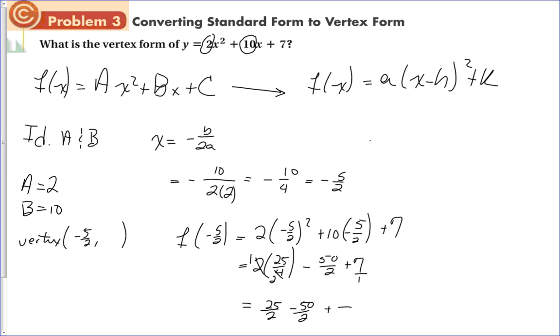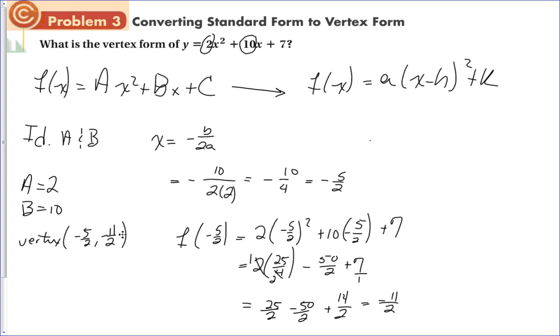So 1 times 2 is 2, and 7 times 2 is 14. 25 minus 50 is negative 25, plus 14 would be negative 11 over 2. So the y value of our vertex is negative 11 over 2, and our x value is negative 5 over 2.